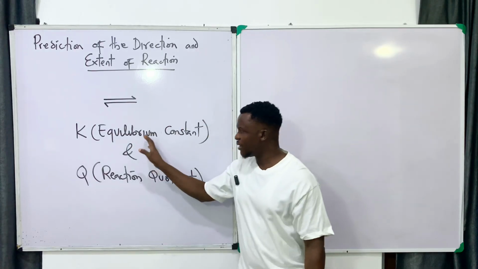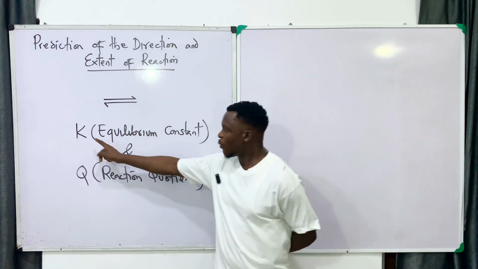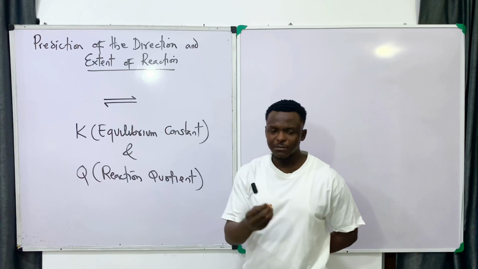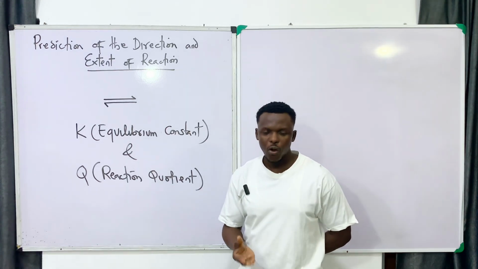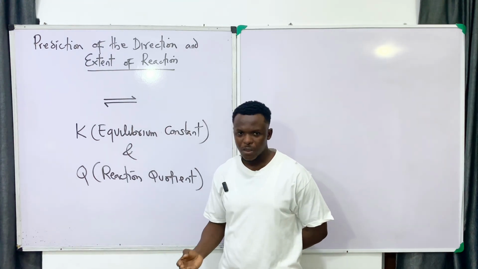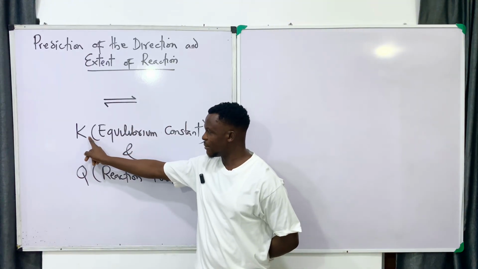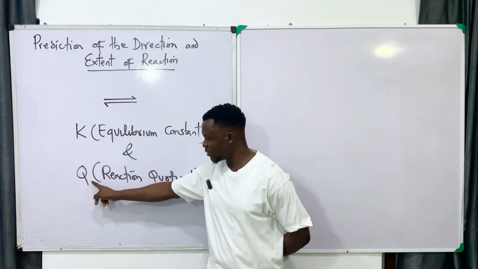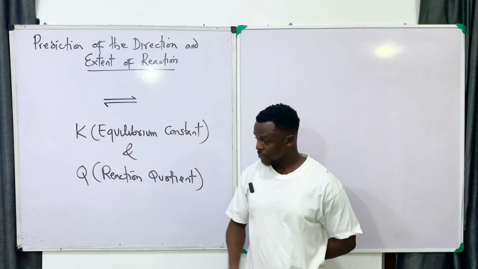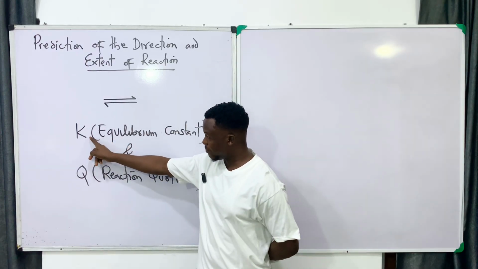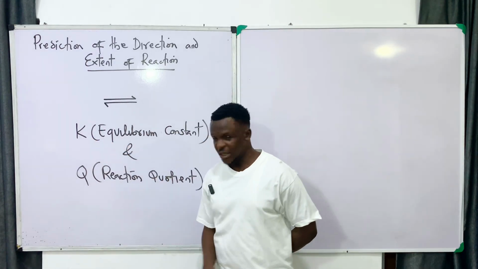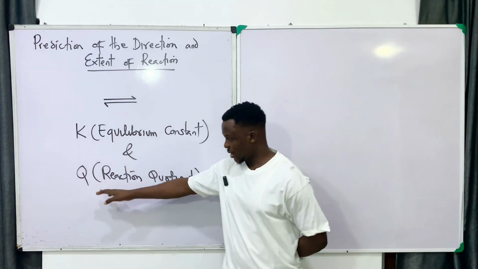Remember, equilibrium constants can be in terms of concentration or in terms of partial pressure. If the equilibrium constant is in terms of concentration, the reaction quotient will also be in terms of concentration. If it is in terms of partial pressure, the reaction quotient will also be in terms of partial pressure.